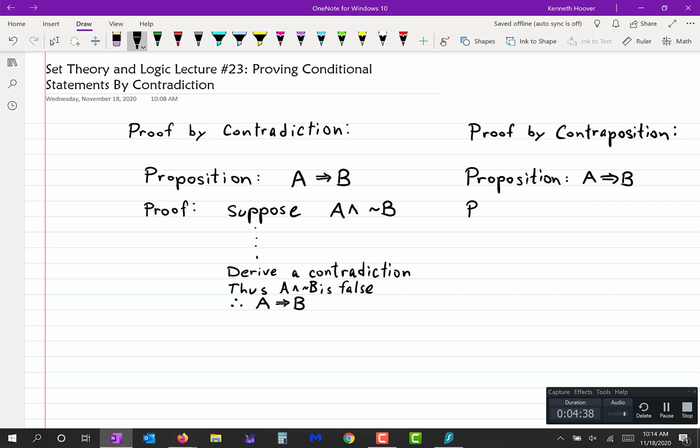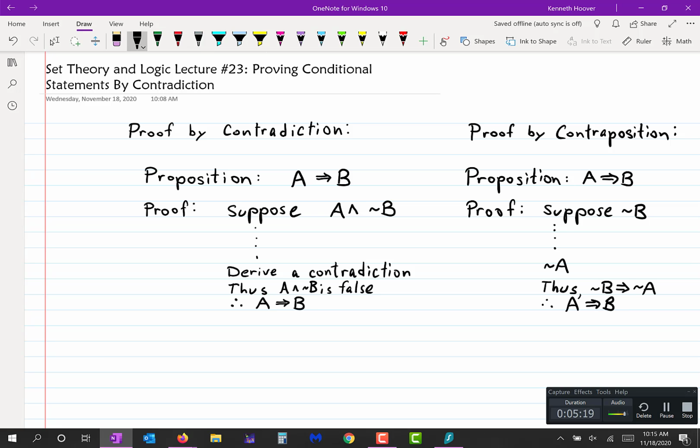In that case, we suppose not B, and then we derive not A. Thus, not B implies not A, therefore A implies B.